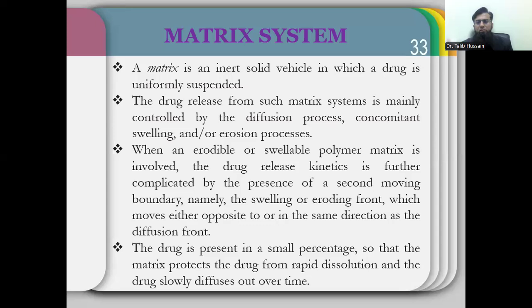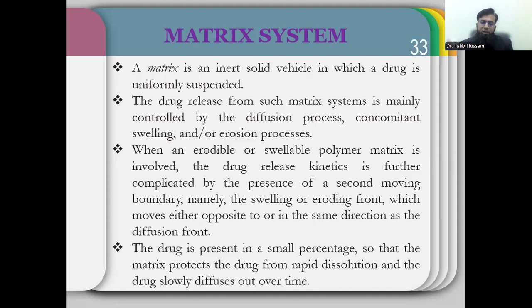A new equation has to be developed for an erodible, swellable polymeric matrix, not for only a diffusible polymeric matrix. For only a diffusible polymeric matrix, we can adjust it into the same diffusion equation. But if it is changing, there will be a changing boundary, there will be a changing area, and multiple fronts will exist, a swelling front and an eroding front.